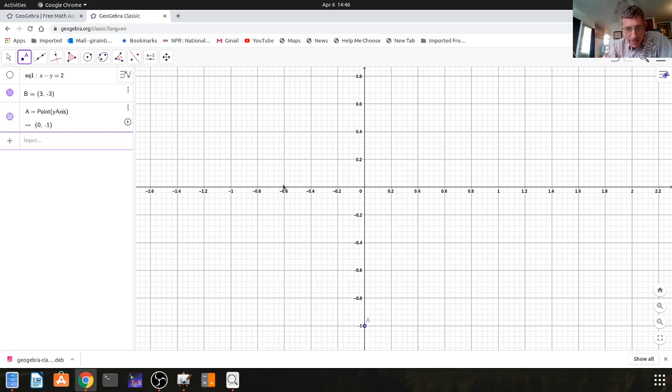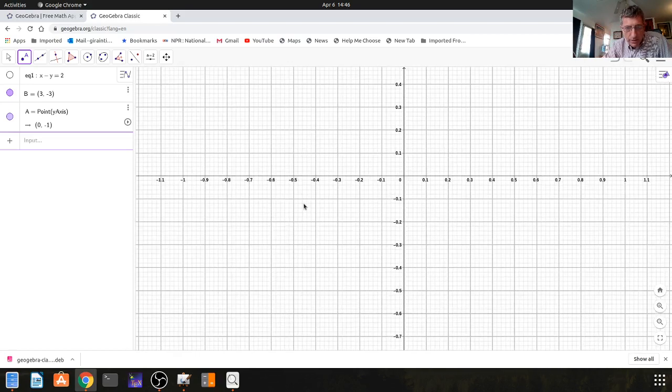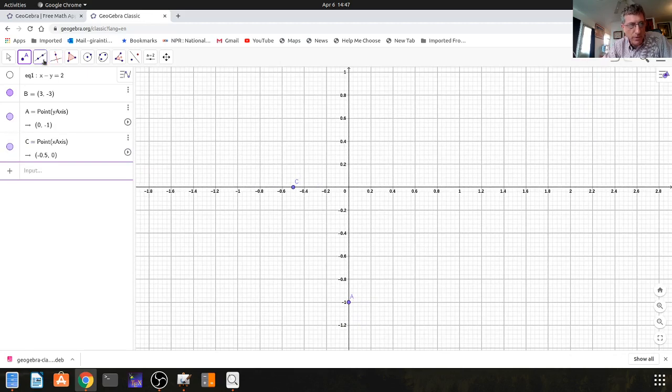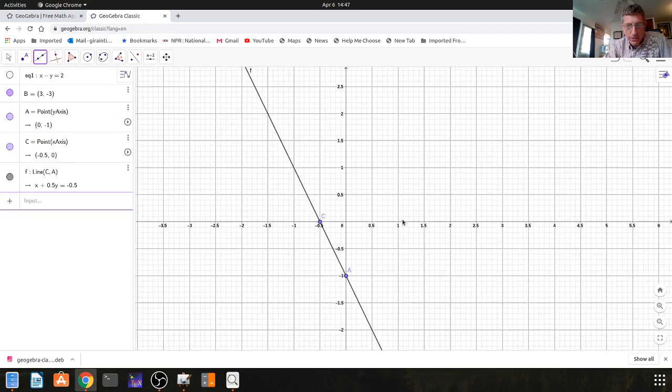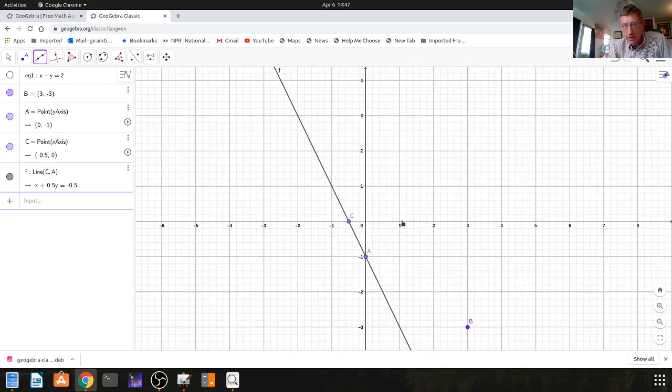So x is minus 1/2. I can change the scale until I get minus 1/2 and 0. And now all I have to do is just zoom out and draw a line. And when I zoom way out, you can see what it would look like. But of course, that's with the computer.